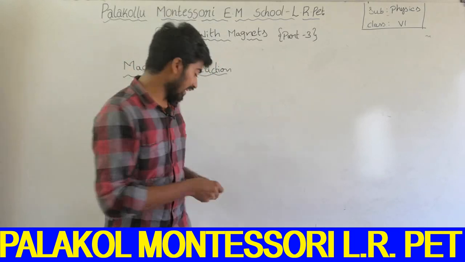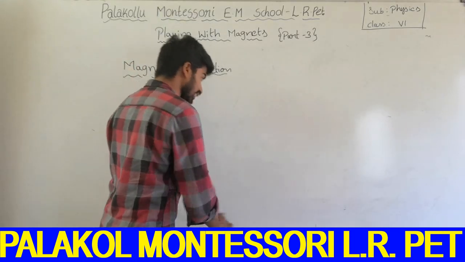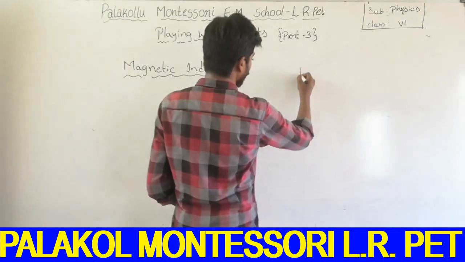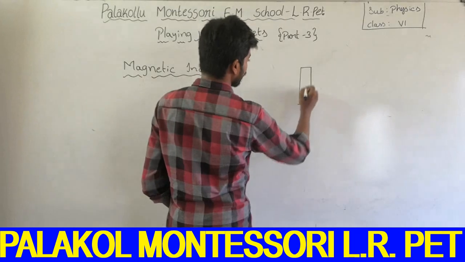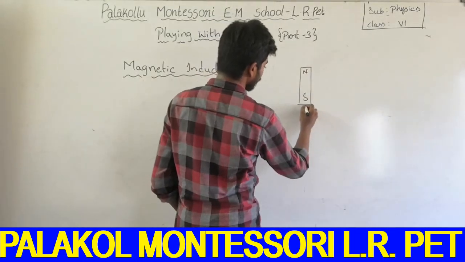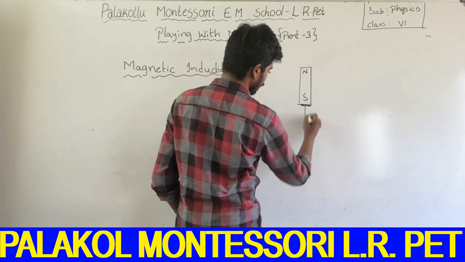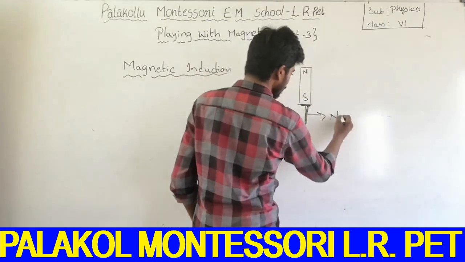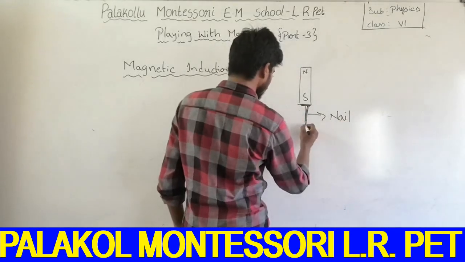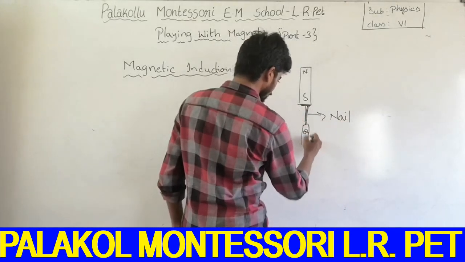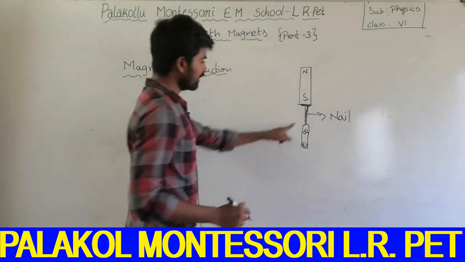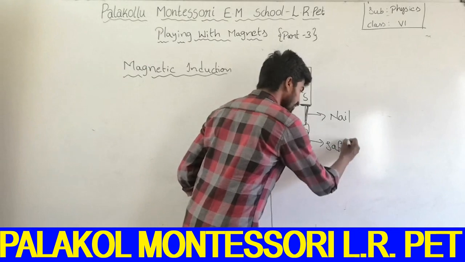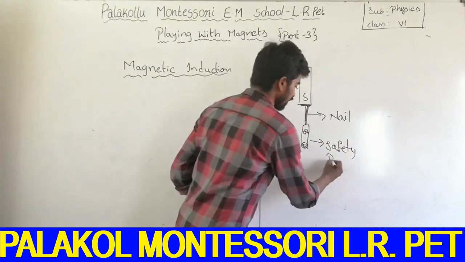So, this nail has acquired magnetic property. When a magnet is placed closer to the magnetic substance, here we have considered a nail, this nail is able to attract the safety pin now. Initially this nail doesn't have any magnetic property.